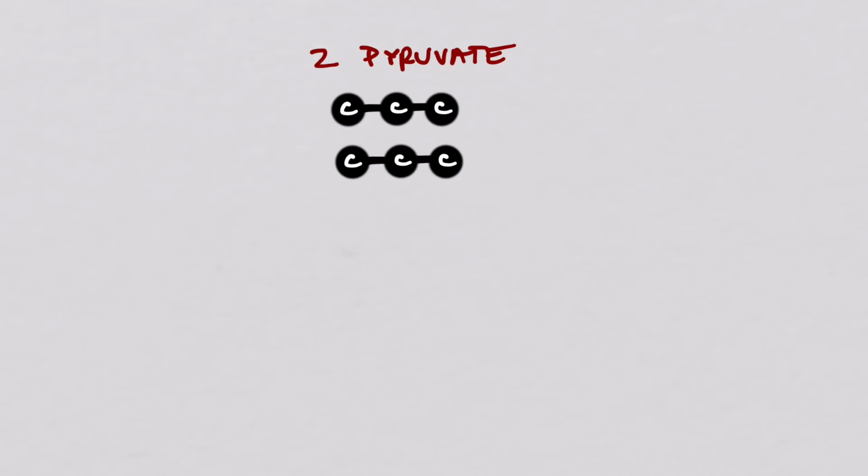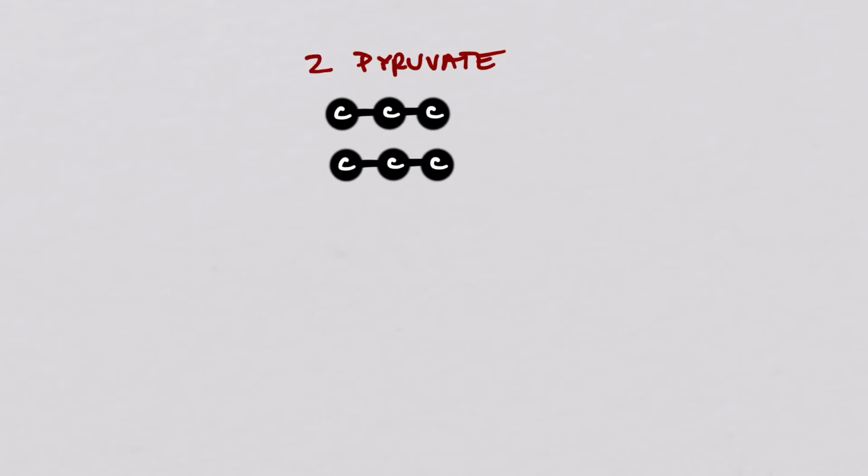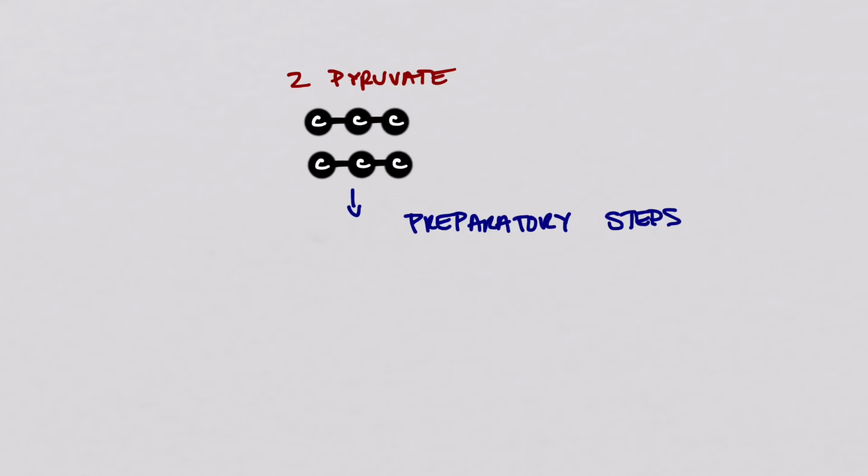The first thing that happens to the pyruvate after it leaves glycolysis is it enters the preparatory steps, or the prep steps. And in the prep steps, which are also taking place in the cytoplasm, this pyruvate molecule is going to be oxidized once again. So here I'm just going to grab 1 pyruvate, copy it below.